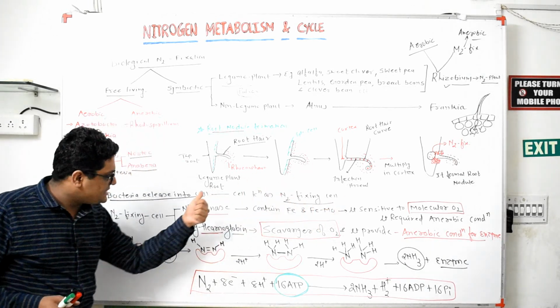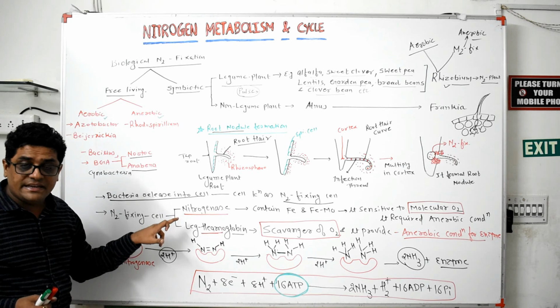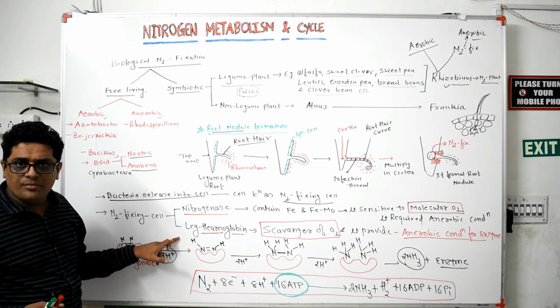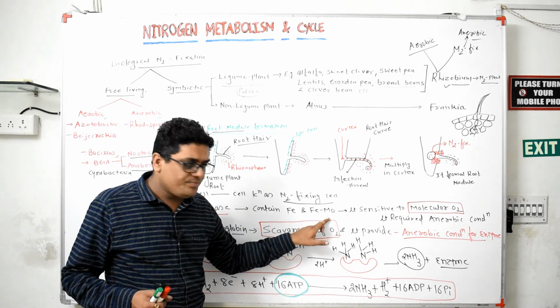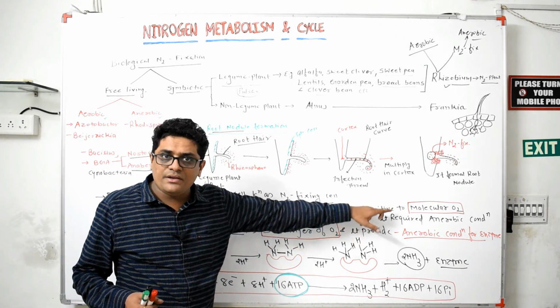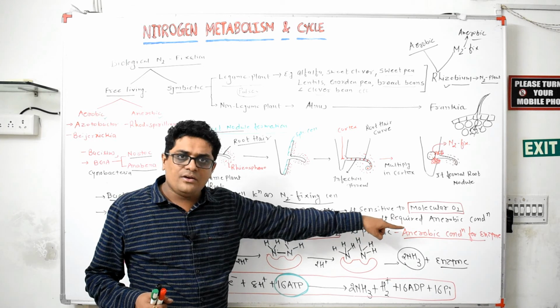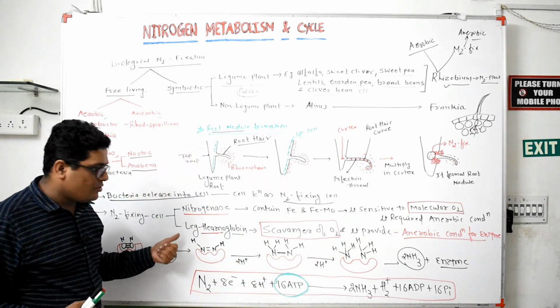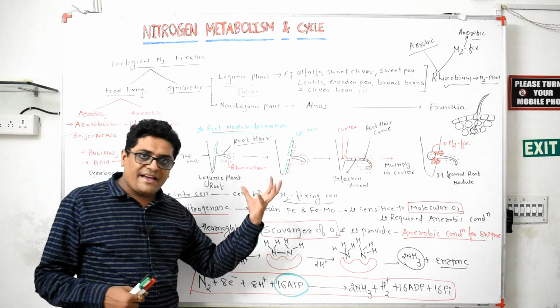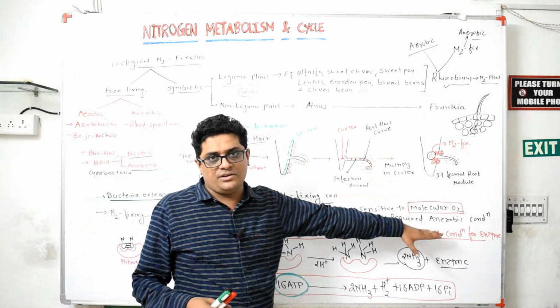This nitrogen fixing cell has two things, one is the nitrogenase enzyme and the second one is leghemoglobin. The nitrogenase enzyme contains iron and molybdenum and is sensitive to molecular O2. It requires anaerobic conditions for its performance. Who provides the anaerobic condition? Leghemoglobin. Leghemoglobin scavenges the O2 and provides the anaerobic condition.